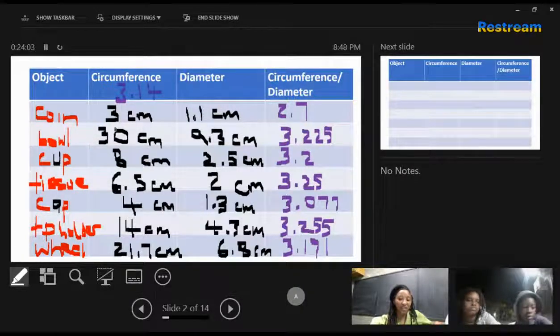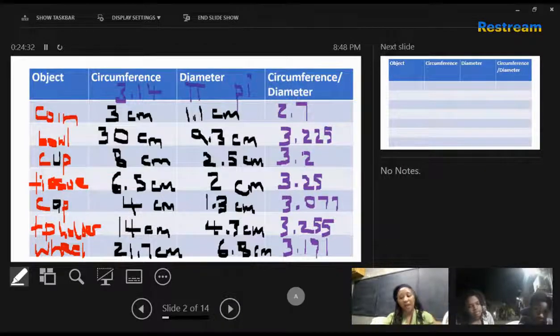Once you divide the circumference of that circle by the diameter of that circle, you're going to get 3 point something. And the more accurate your measurements, the closer you get to 3.14, which is what we know as pi, and that's the Greek letter, and that's the word for it, pi.